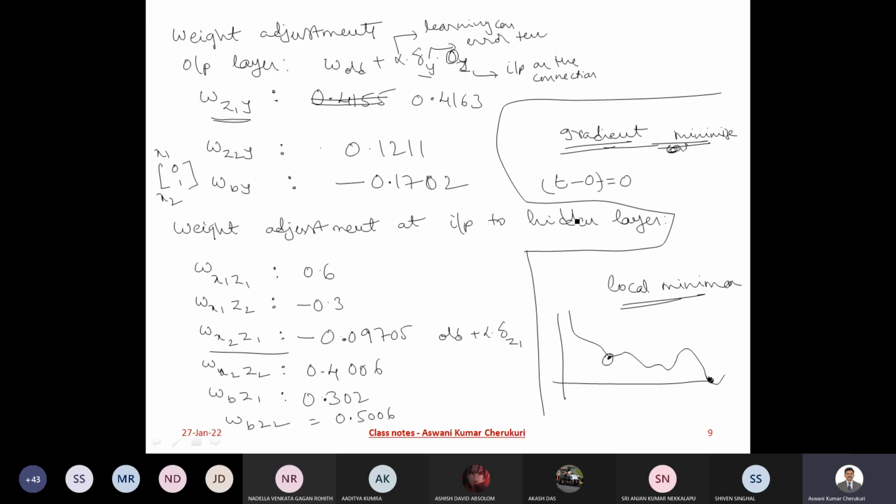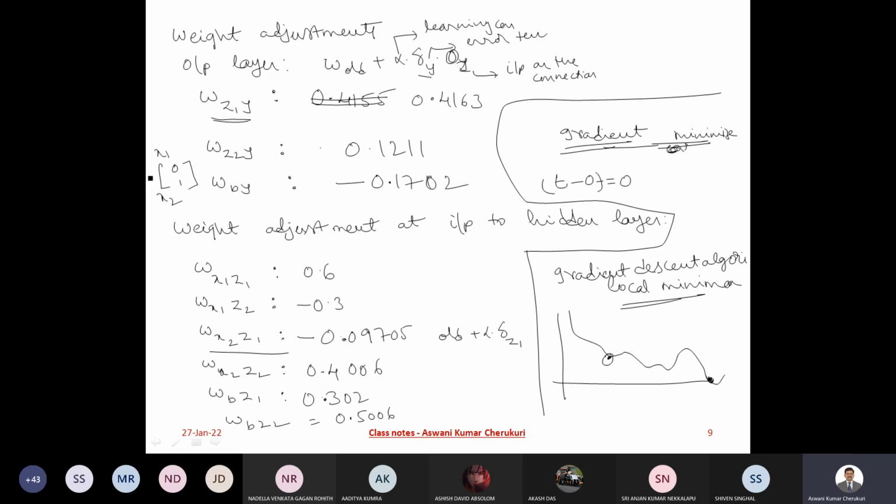Second thing: the backpropagation algorithm is regarded as a category of gradient descent algorithms. Backpropagation follows the gradient descent model of learning.